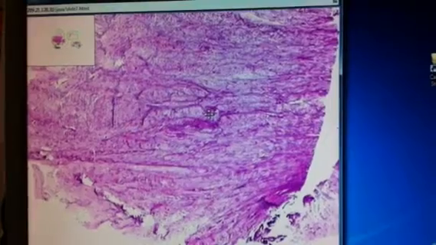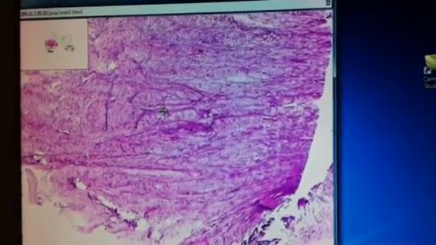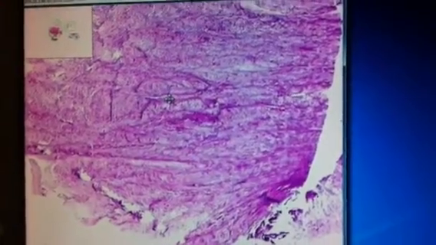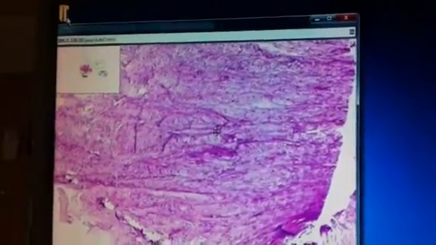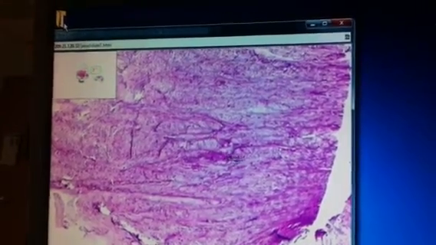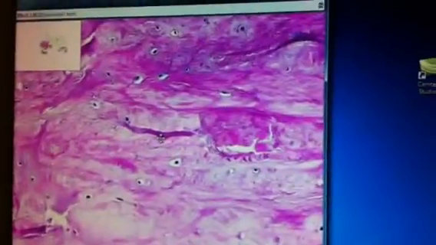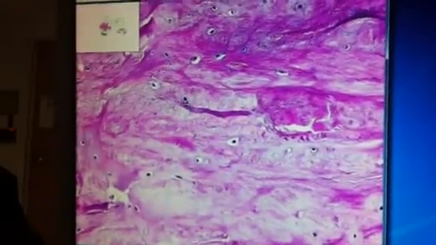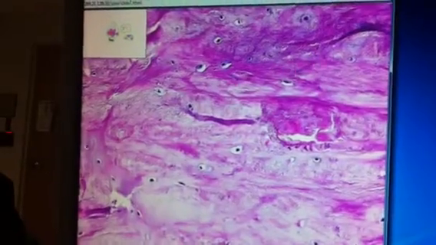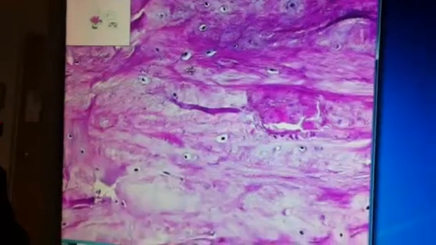Now, if it is this magnification, and I said name the tissue, connective tissue. It's some kind of connective tissue because at this magnification, you see absolutely no detail. I would never do that in an exam, trust me. But if I went up to this magnification and said name the tissue, now what you can see is lots and lots of these type 1 collagen fibers, and you can see the cells sitting in lacunae.